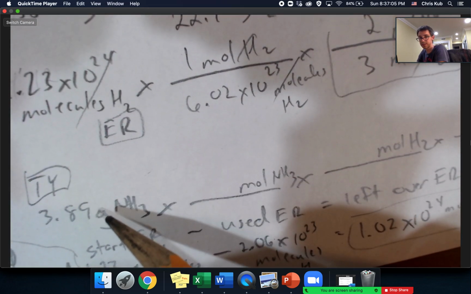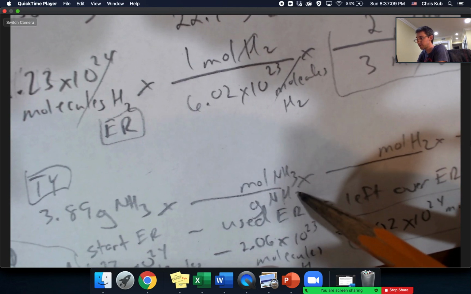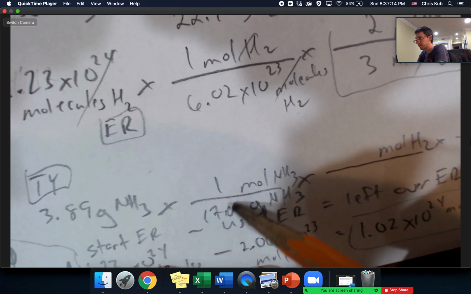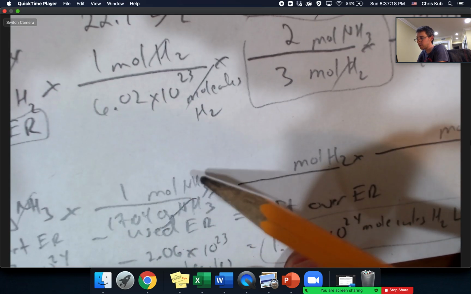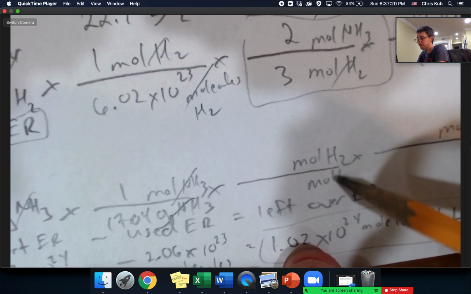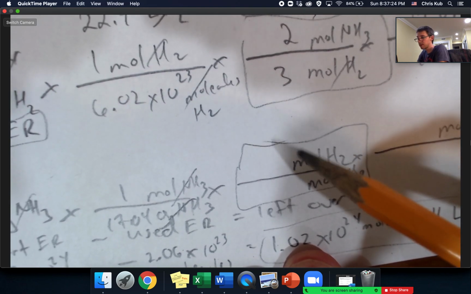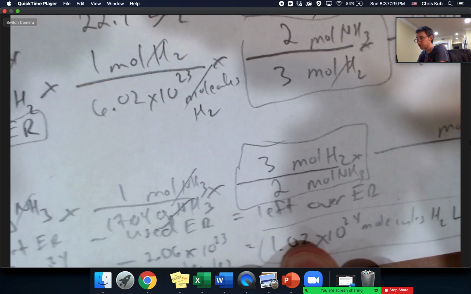To get out of grams of NH3 and into moles of NH3, we need to use the number of grams of NH3 per mole of NH3. That's on the mole map. That's 17.04, the molar mass of it. And then to get out of moles of NH3, that needs to be on the bottom. Here's our mole-mole ratio. For every 3 moles of H2, there were 2 moles of NH3 formed.